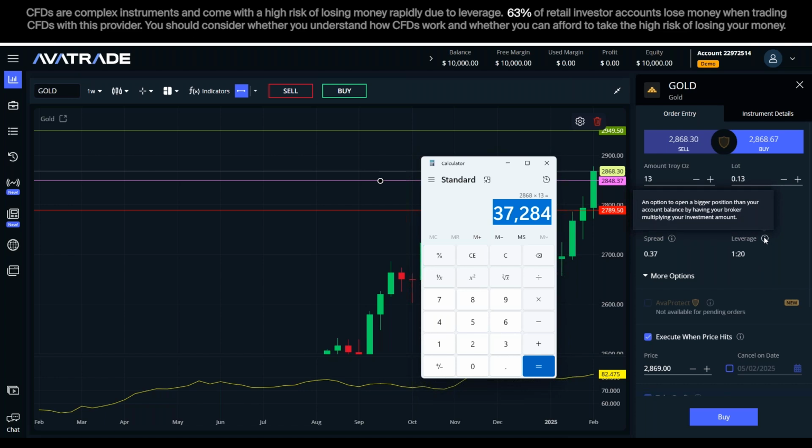If the leverage would have been here 10, I could use as if I had 100,000. So we also need to pay attention to that. That means that because I multiplied by 20, if I divide this value by 20, we get the margin impact, which is the actual, necessary amount that I need available to open the position.